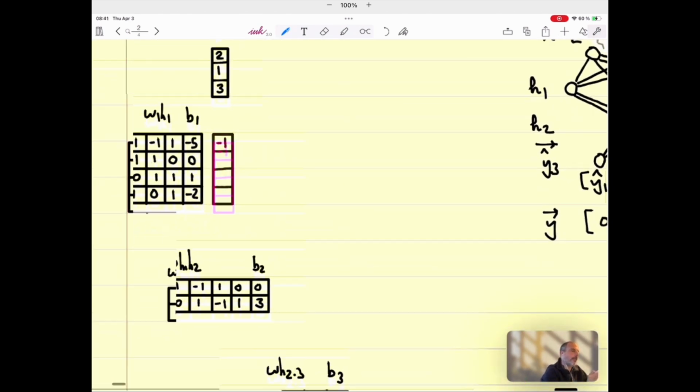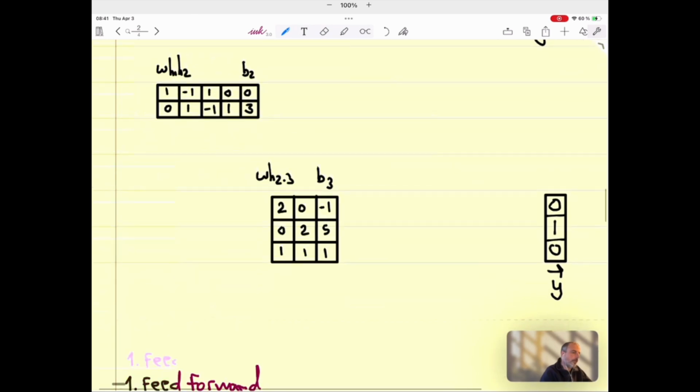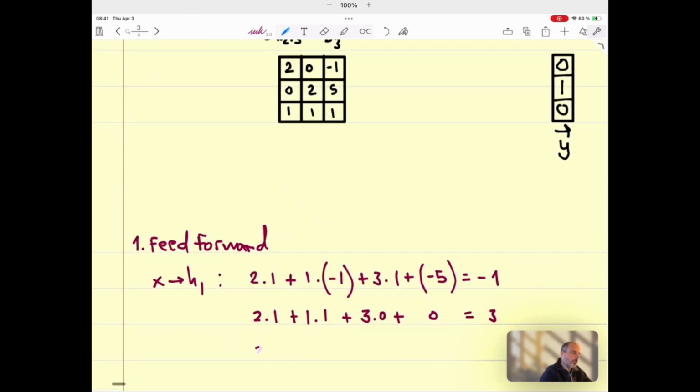Okay, so this equals 3. The next one is going to be equal 5. So 2 times 0 plus 1 times 1 plus 3 times 1 plus 1 is going to be equal 5.